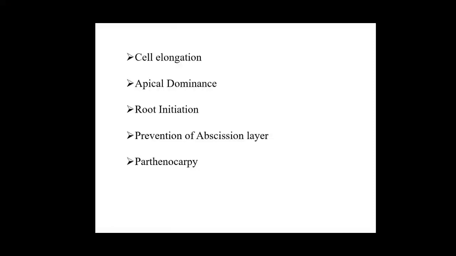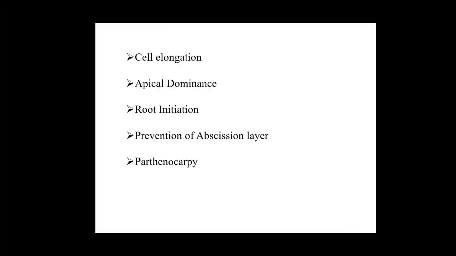Next, another important physiological effect is parthenocarpy. Auxin is well known to induce parthenocarpy in plants. Parthenocarpy is the formation of seedless fruits without the process of fertilization.